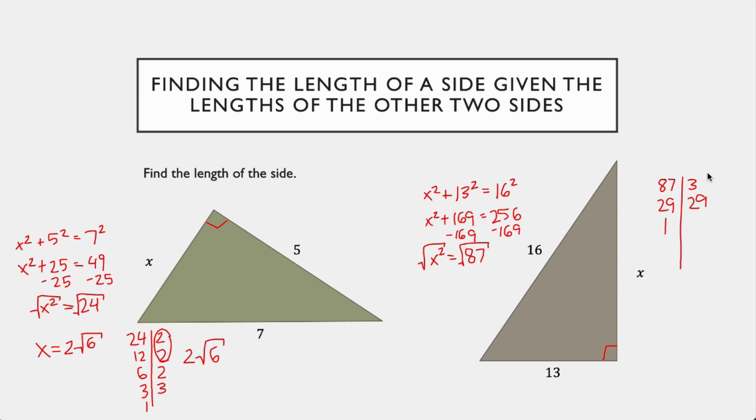So we don't see any pairs in the right column here, so the square root of 87 is our final answer, and x is equal to the square root of 87. Alright, we're done.